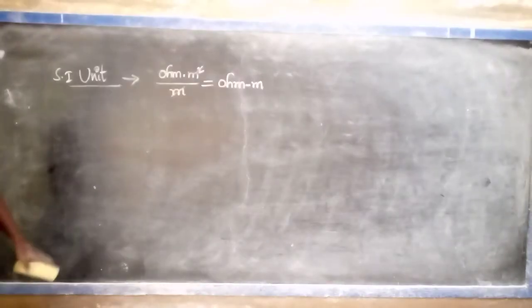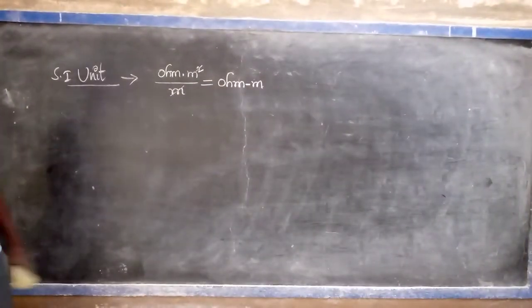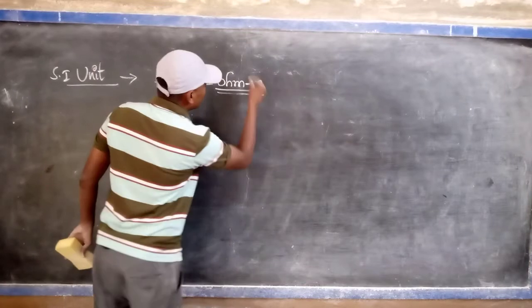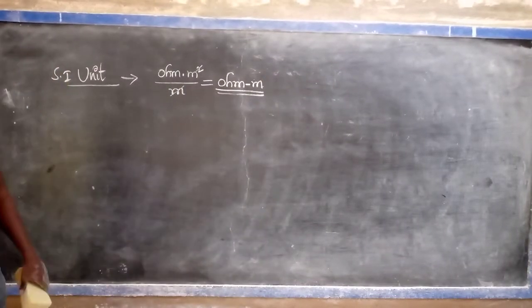That's why the SI unit of specific resistance is ohm meter.